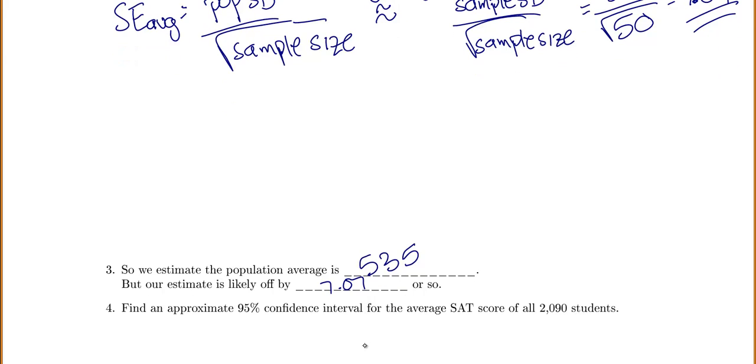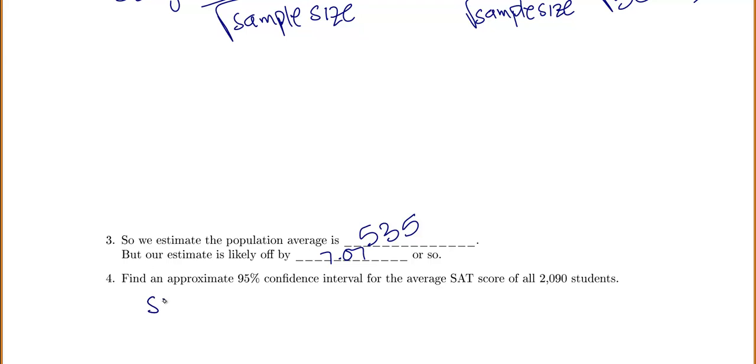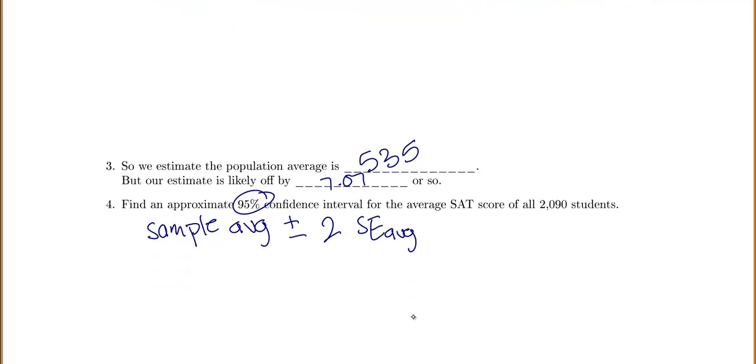Now we can go out even further and add even more confidence by going out to 95% confidence, or going out to 2 standard errors. So it's going to be my sample average, since that's my estimate, plus or minus, for 95%, 2 standard errors. And we're going to make sure we use the standard error for the average, since we're talking about averages. So my sample average was 535 plus or minus 2 times my standard error of 7.07.